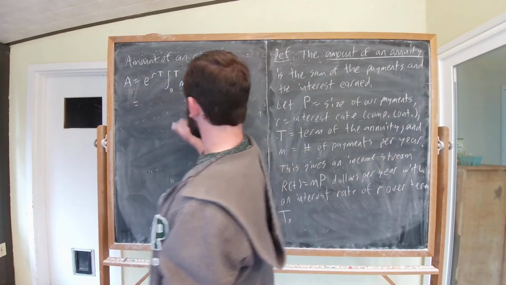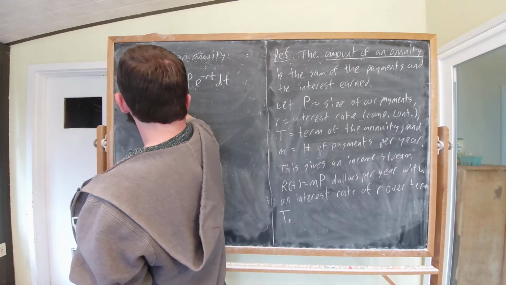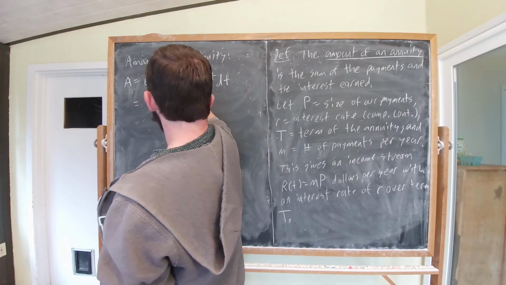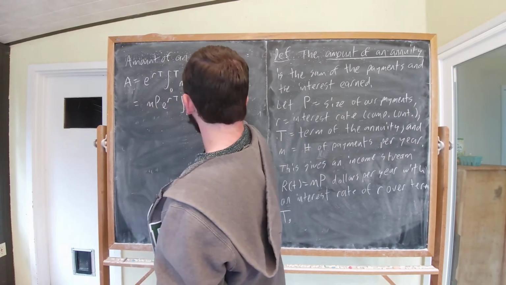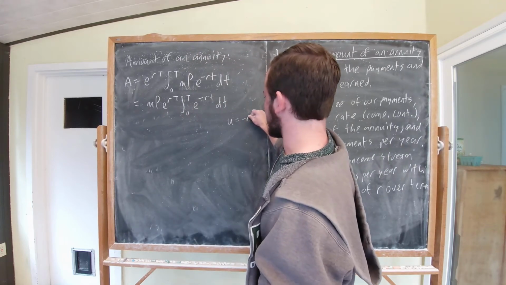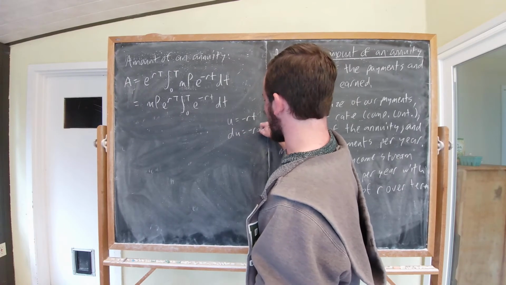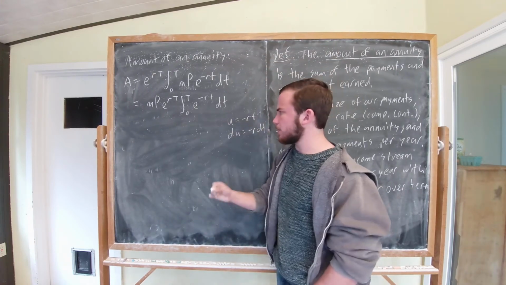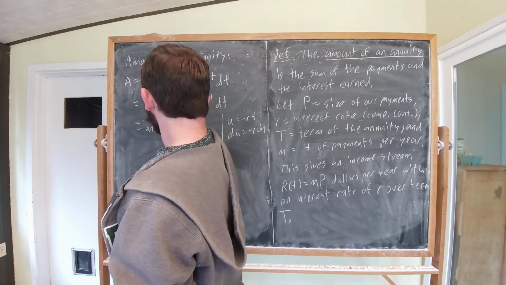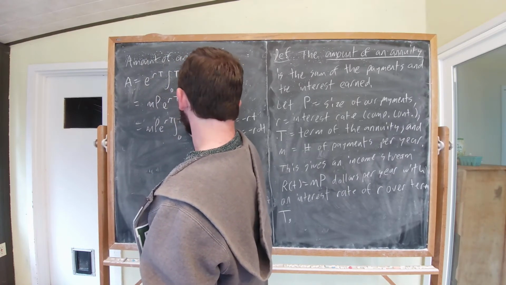This is equal to pulling out the mP, m times capital P e to the little r capital T times the integral from 0 to capital T of e to the negative rt dt. If I wanted to make use of u equal to negative rt, then du would be negative r dt, so I'm missing my negative r. In order to put it in there, I'll just multiply.